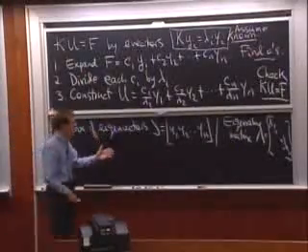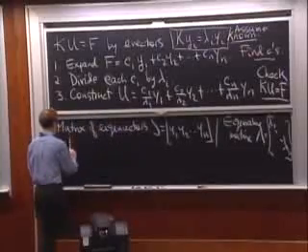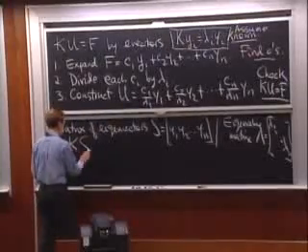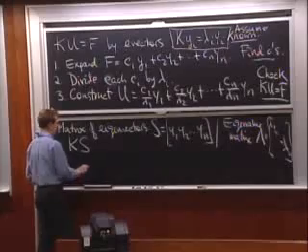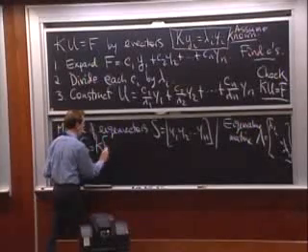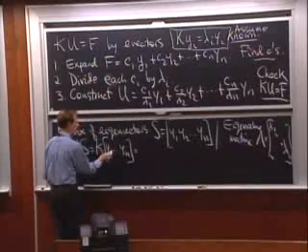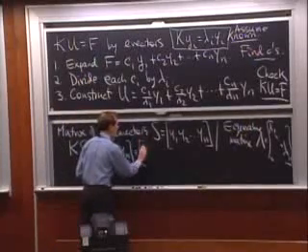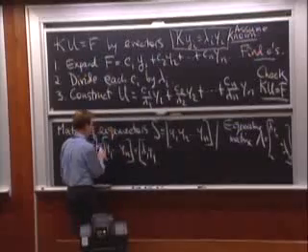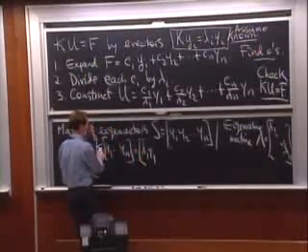The matrix of eigenvectors: if I multiply K by S, then I'm multiplying K by all its little eigenvectors. K times y1 gives me lambda 1 y1. K times y2 gives me lambda 2 y2.